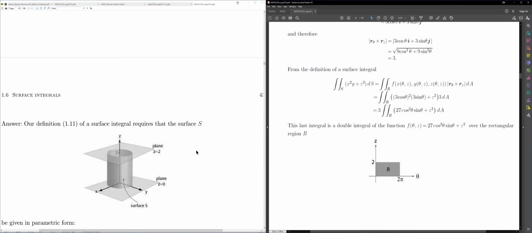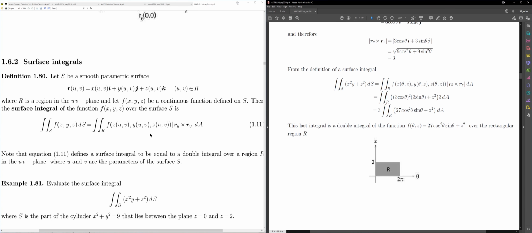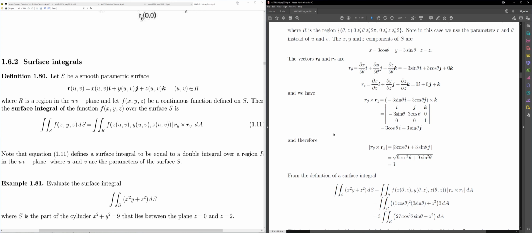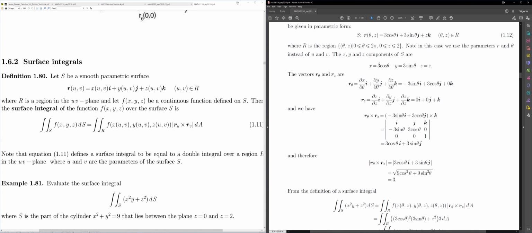And the next thing is, you're using your information from your parametric surface. So what's your information from your parametric surface? Wherever you see the x over here, you're going to replace it by the components from your parametric surface. So from your parametric surface, x is equal to 3 cos theta, y is equal to 3 sine theta, z is equal to z.